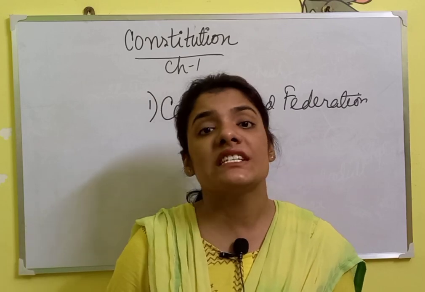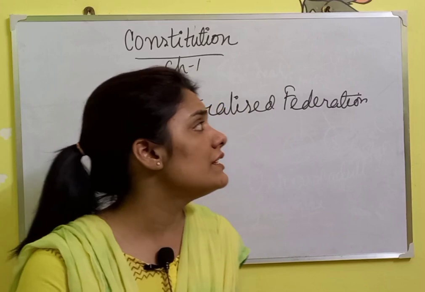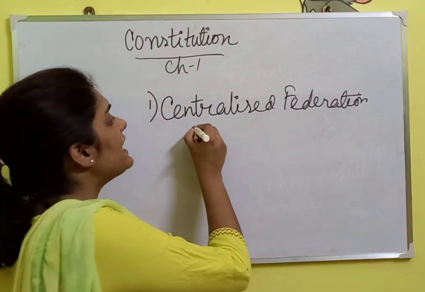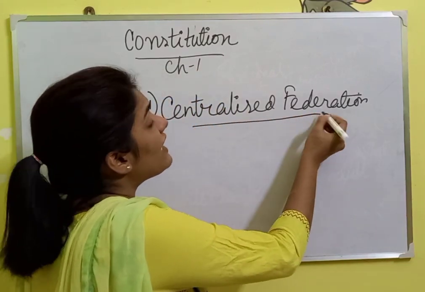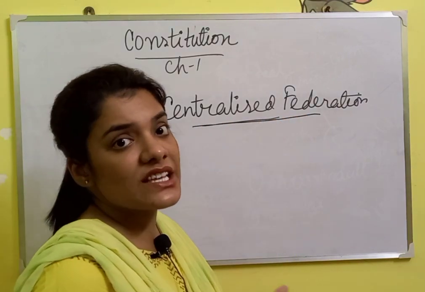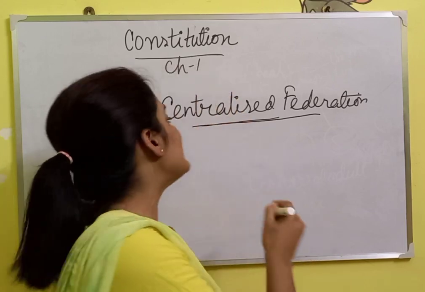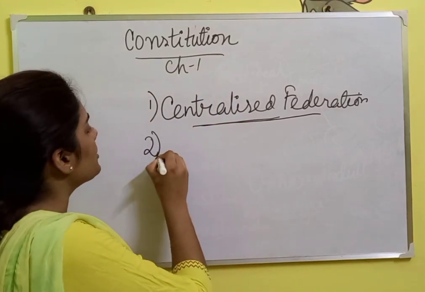During that time the state government cannot work individually, and for that reason our country can also be termed a centralized federation. Now, what is the next limitation of the Indian Constitution?